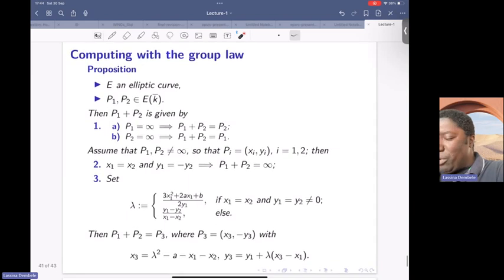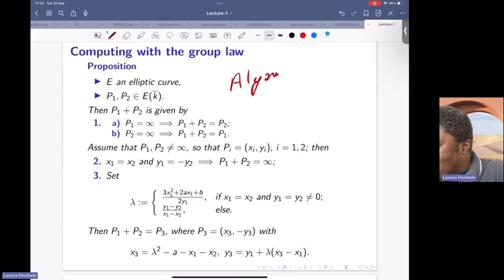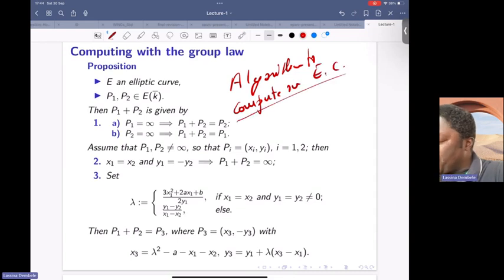And so how do you compute with the group law of your elliptic curve? This proposition is basically an algorithm which will tell you how you should do this. So you should really think of this as an algorithm to compute on an elliptic curve. If you read the proposition by yourself, you would see how you can implement this on the computer and work with it.